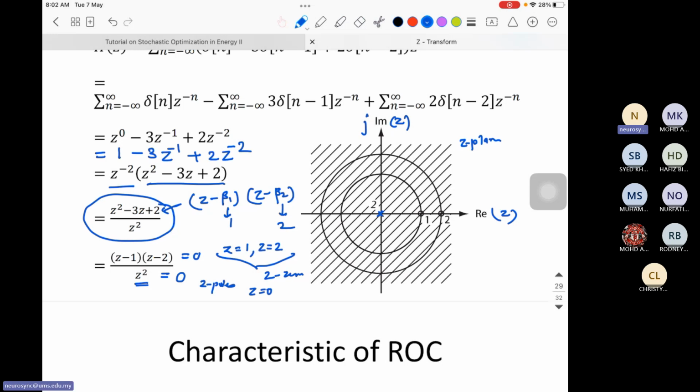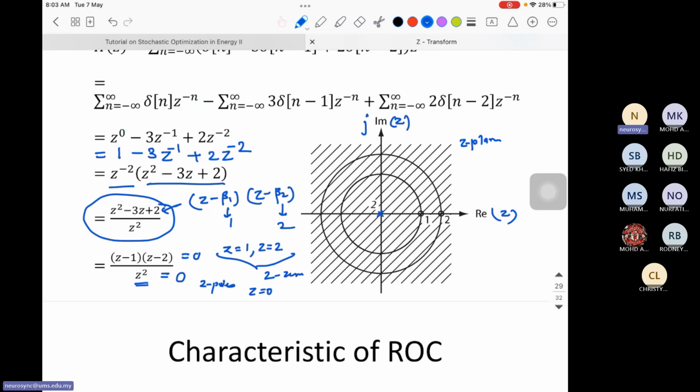Okay, now how do we find the region of convergence for this? Basically, the region of convergence we can find from the location of the poles. Okay, so the region of convergence for this is the exterior of the origin.